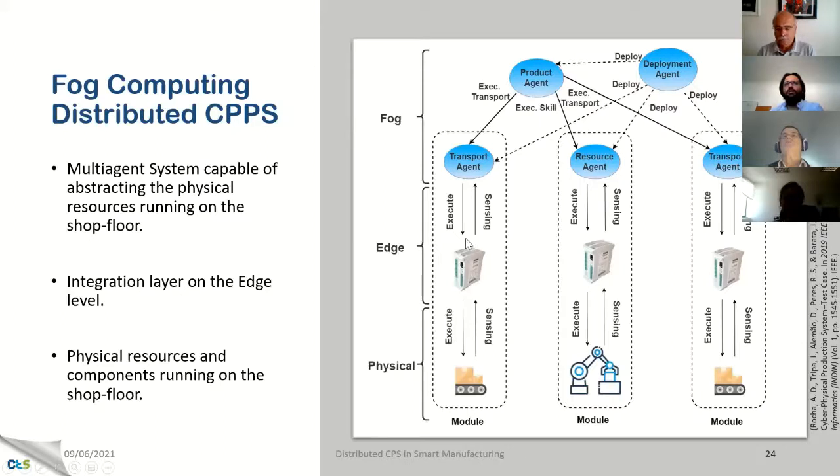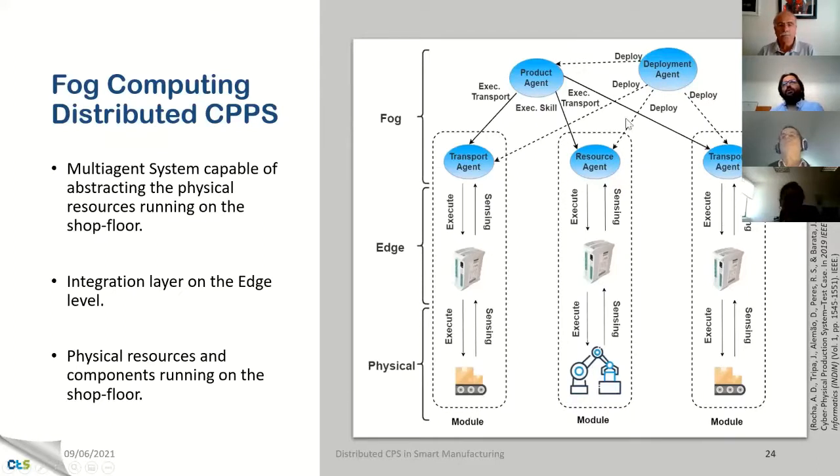So we used sockets to communicate between the agent and the PLC. The PLC receives the instruction and executes what is required. And as soon as this execution is finished, the result is sent to this cyber entity, and all the communication among the entities is performed at this level.